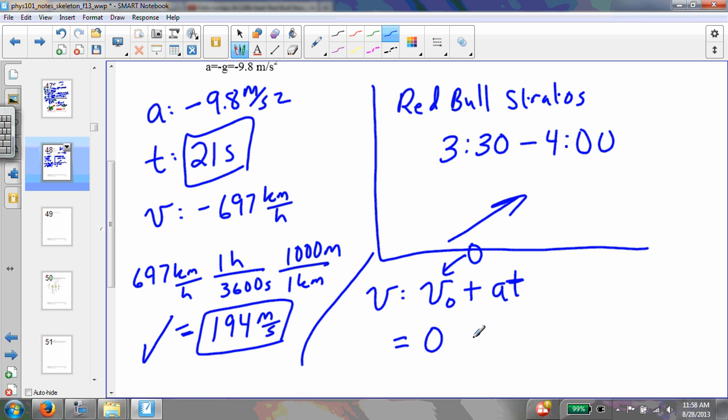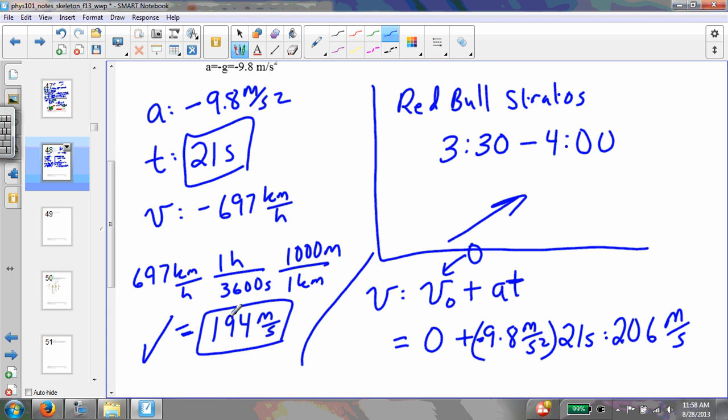So it's going to have 0 plus a negative 9.8 meters per second squared, times t, which was 21 seconds. And 9.8 times 21, I get 206 meters per second. It's pretty close to 194.